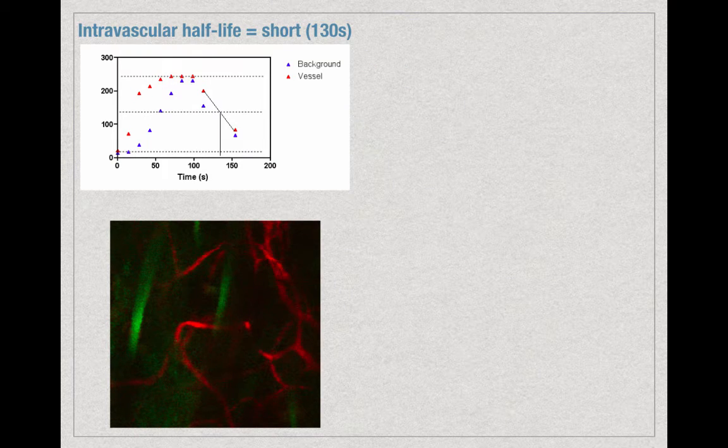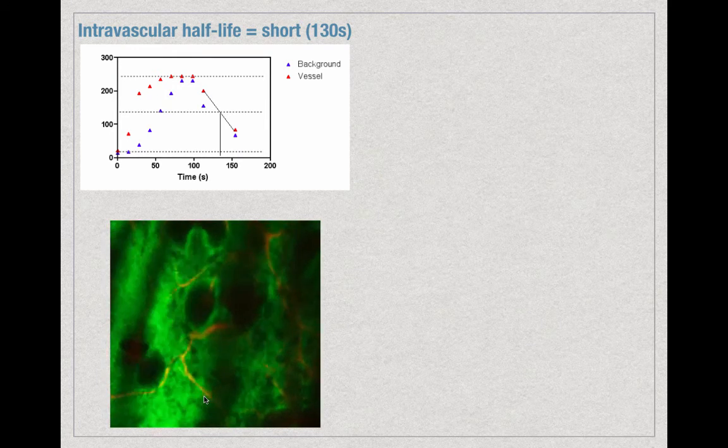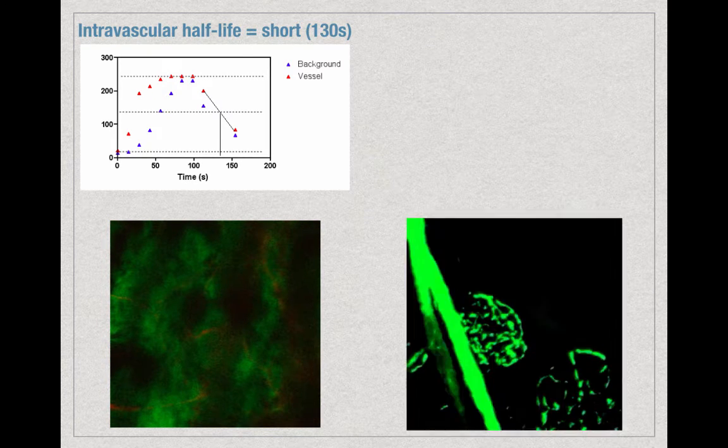Another thing is that one of the parameters that determines blood half-life is going to be size. There are other parameters, but for right now, let's just focus on size. Something that's small, like the small molecule example that I've already shown you, has a very short vascular half-life. It goes into the bloodstream and then it quickly goes out.